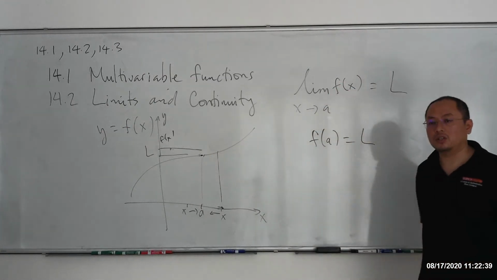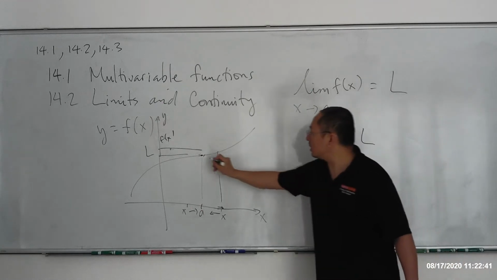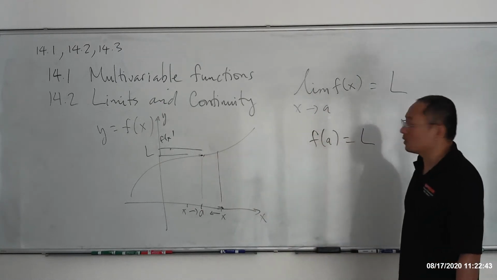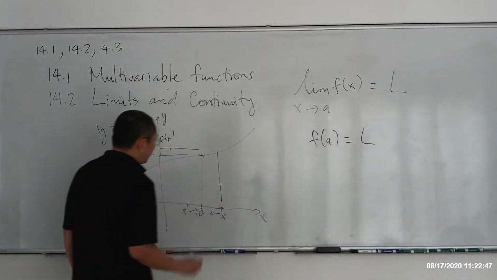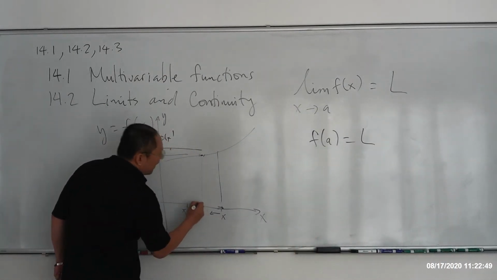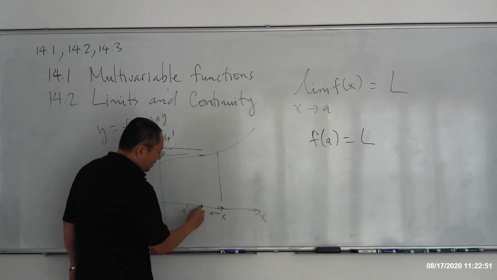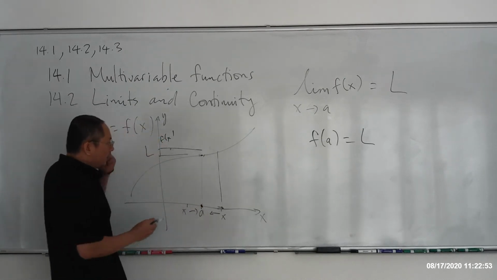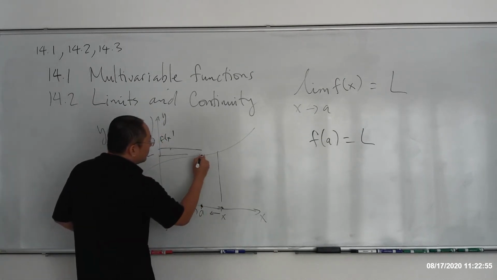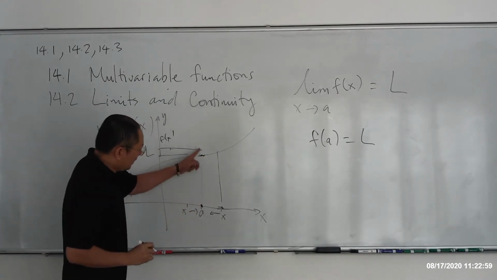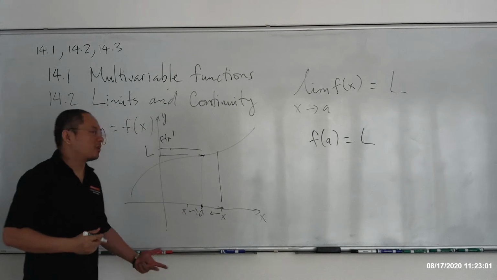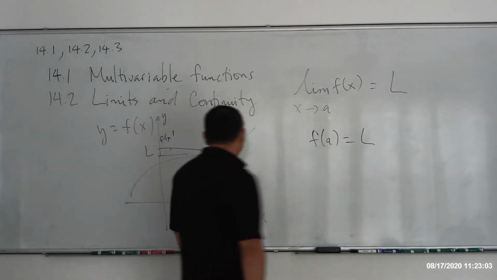Together with those two conditions, we say that the function is continuous at the point x equal to a. Okay? So continuous means, if continuous at a point, the function is continuous at x equal to a, that means you can draw the graph, or you can move a little bit to the left and to the right of the point on the graph. That was graphically the idea of it.